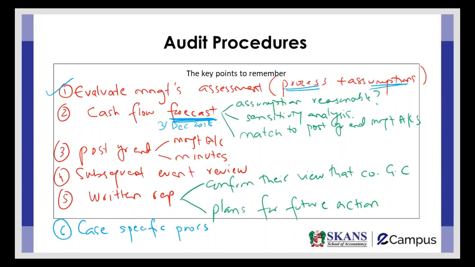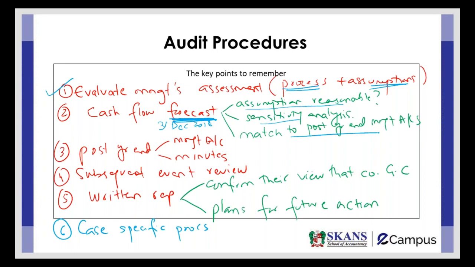I look at the forecast. I will evaluate if the assumptions in the forecast are reasonable. I will perform a sensitivity analysis. So if the assumptions change, how will the forecast be affected? I will match it to post year-end management accounts.